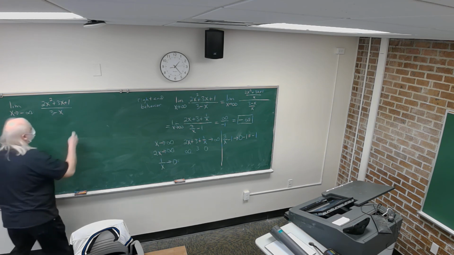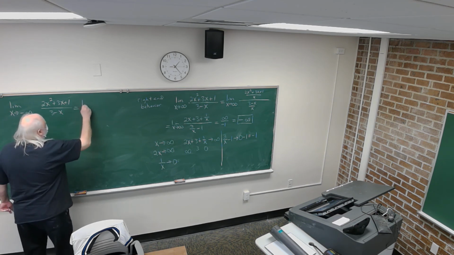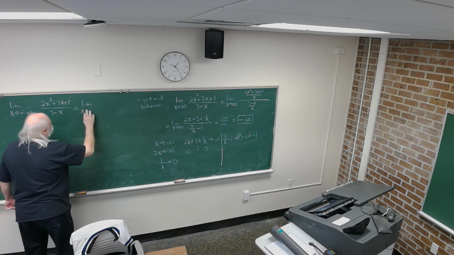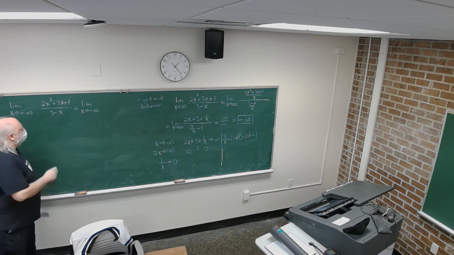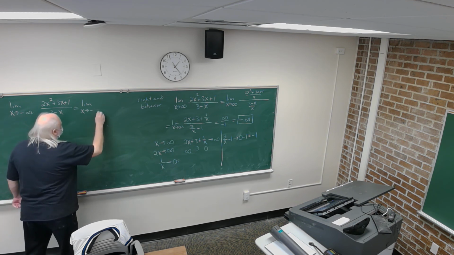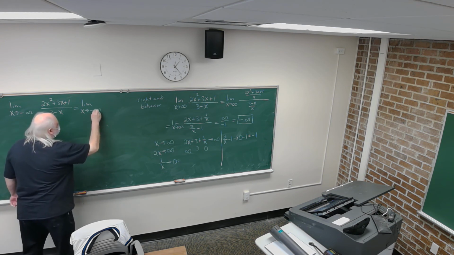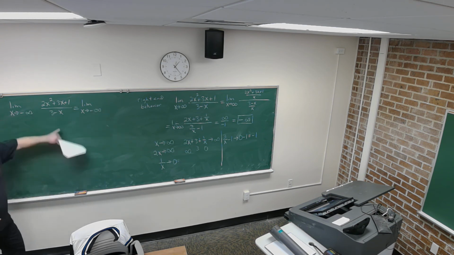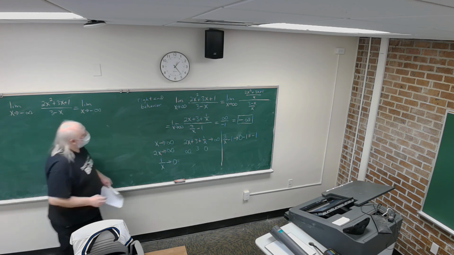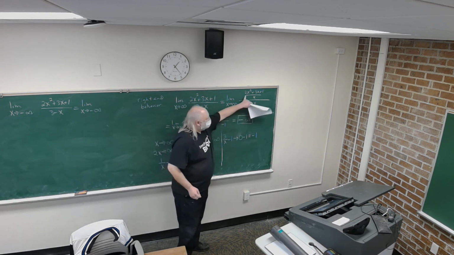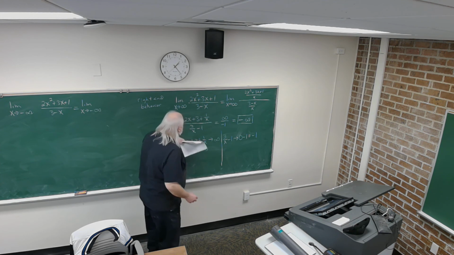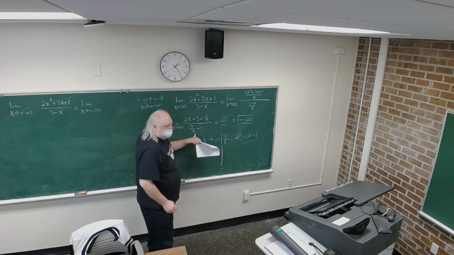You know the first step is to divide top and bottom by the largest power of x in the denominator, right? Which is x. So we did that over here. Divide top and bottom by x. And then when we simplified, this is what we got right here.